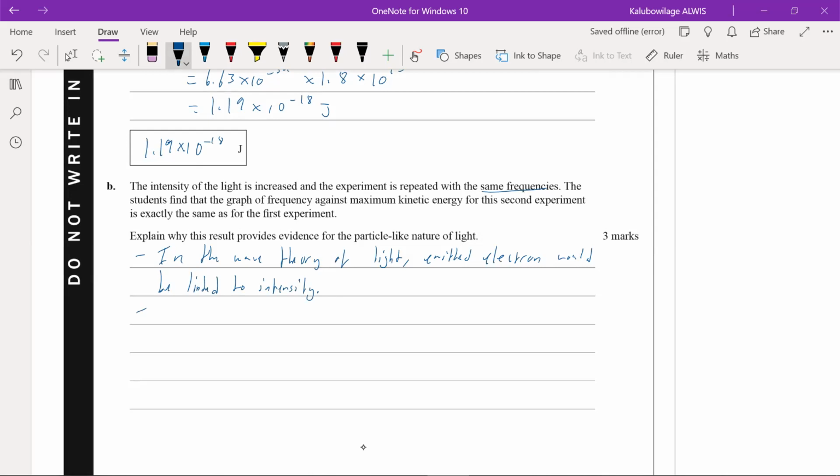And for the particle model, electron energy is dependent on frequency alone, on frequency, not intensity.